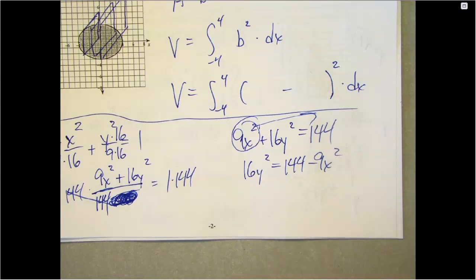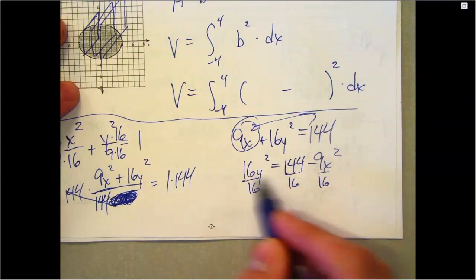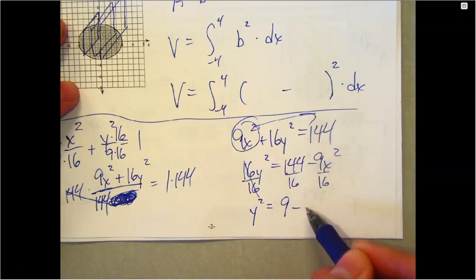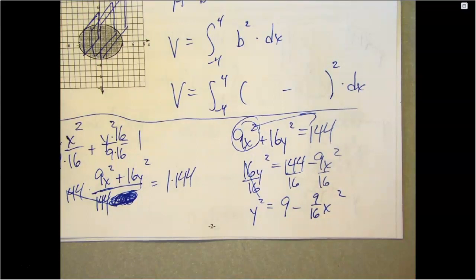Divide each of those individually by 16, so I get y squared equals 9 minus 9/16 x squared. With me? This part's okay, yes.